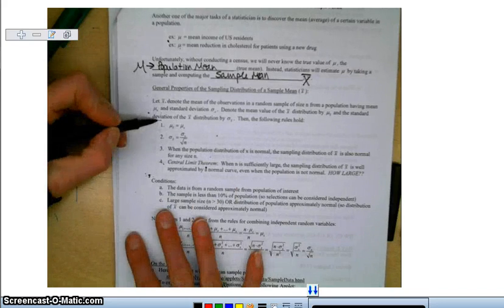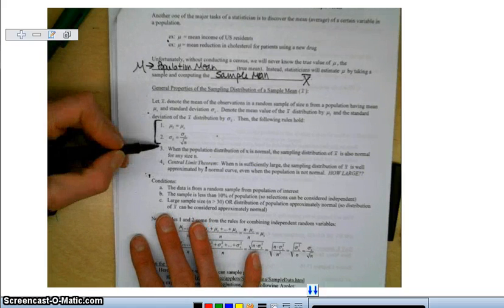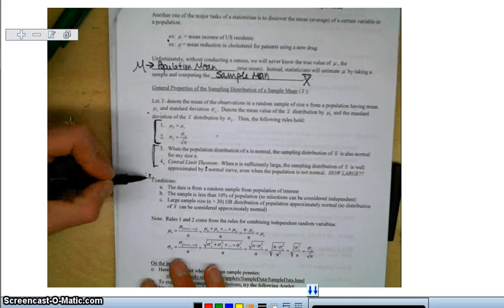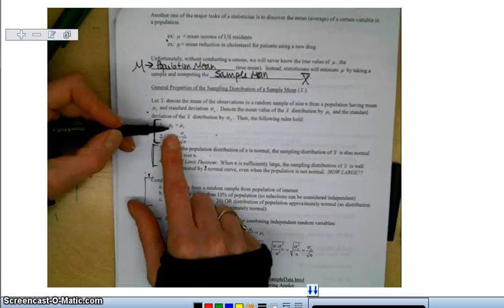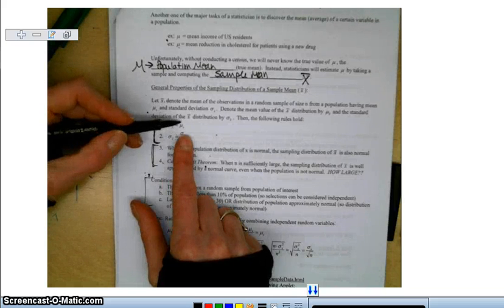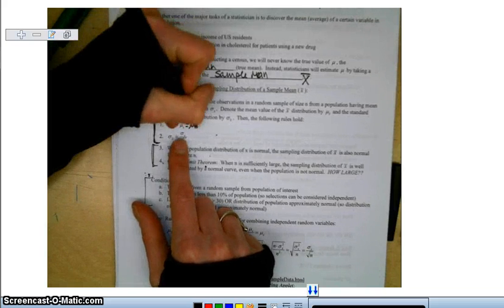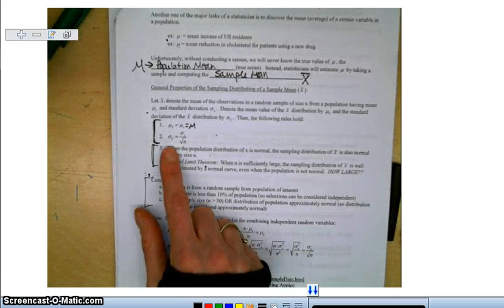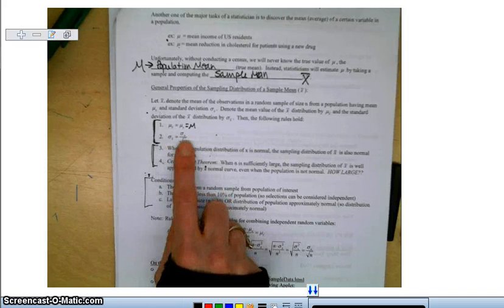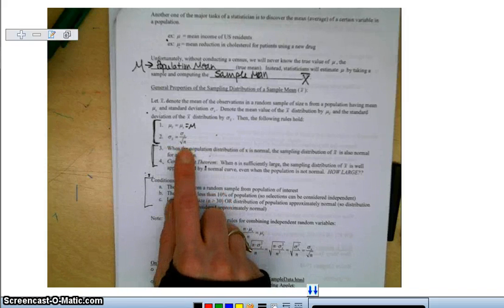These are formulas that we're going to need to memorize, and then other things we'll need to know, and then conditions. The first thing is that the mean of X bar is just mu. It's the true value. And the standard deviation of X bar is the true standard deviation divided by the square root of n.